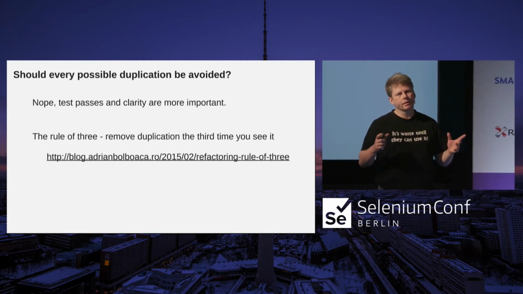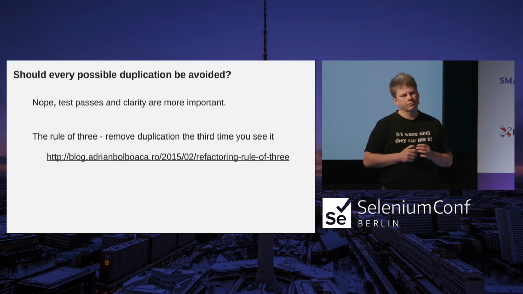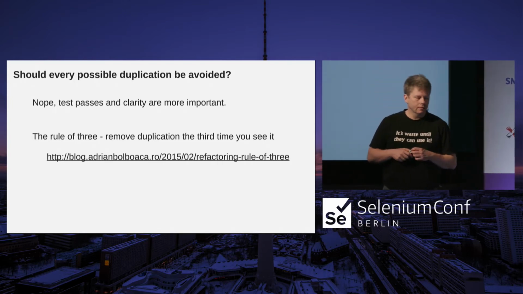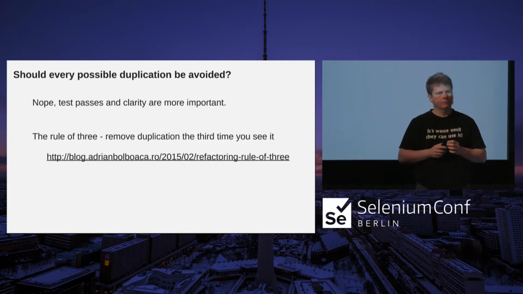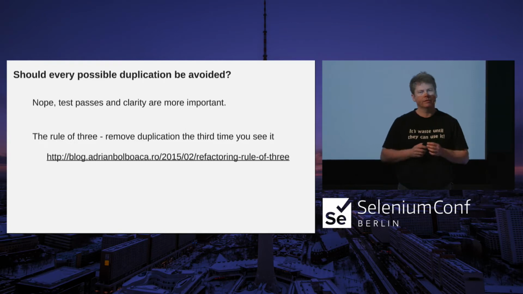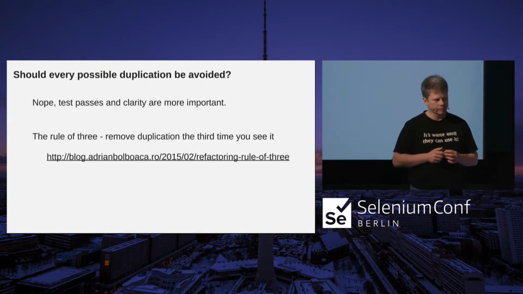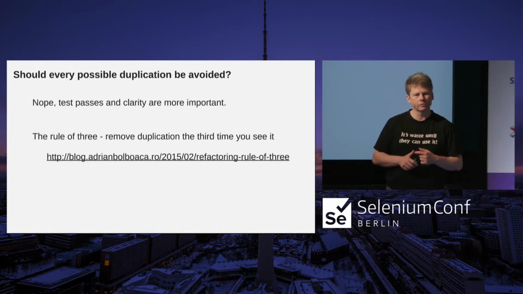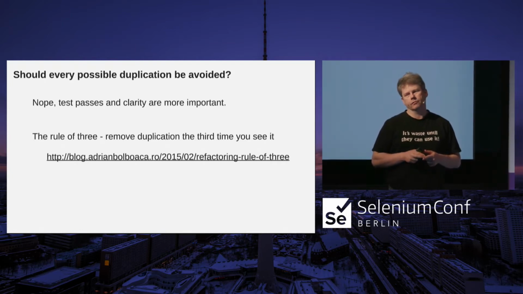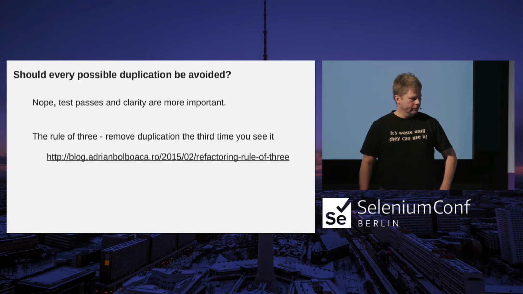Don't remove duplication until you see it the third time. And I claim that it depends. It depends on when and where and who you are. But if you need a rule, remove it when you see it the third time. I know people who remove it when they see it the second time in open source and third time in commercial software, just to make a difference.